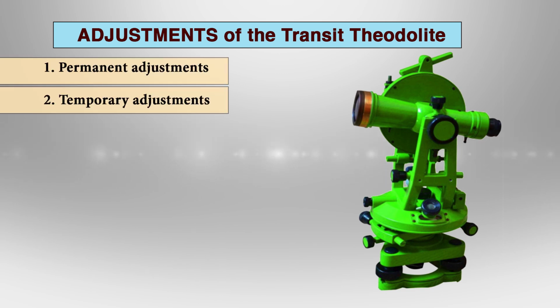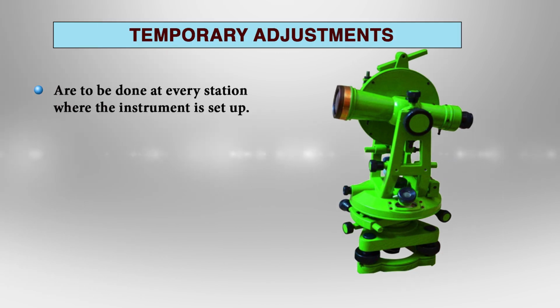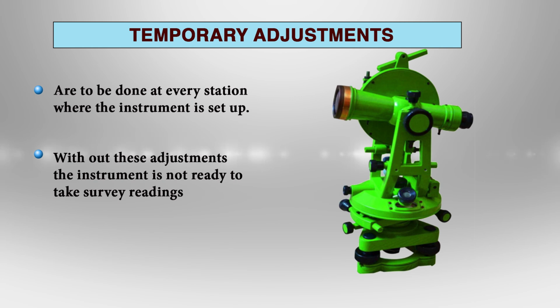Following are the two types of adjustments of the theodolite: the permanent adjustment and the temporary adjustment. Let us first learn the difference between the two. Temporary adjustments are to be done at every station where the instrument is set up. Without this adjustment, the instrument is not ready to take any survey readings.